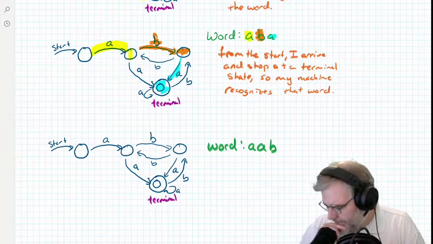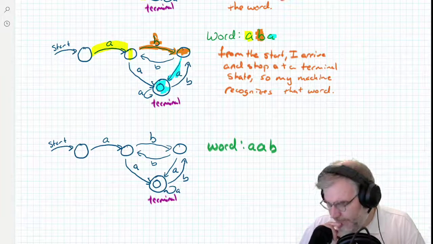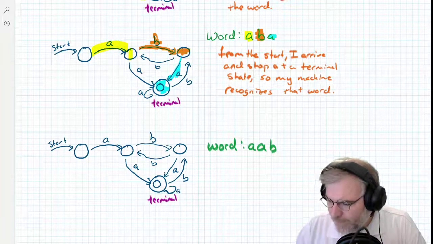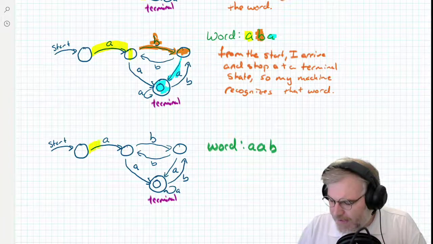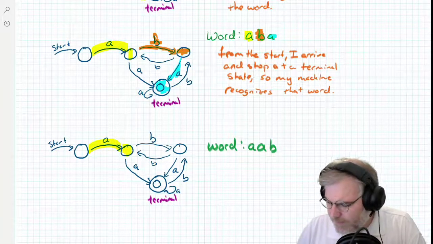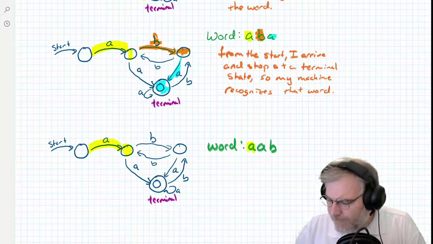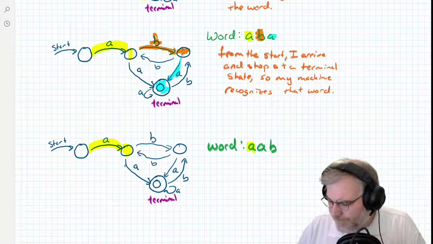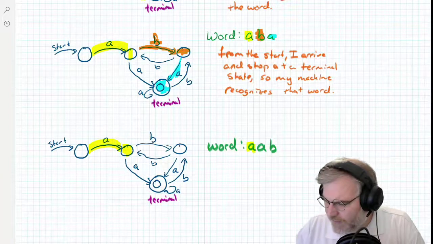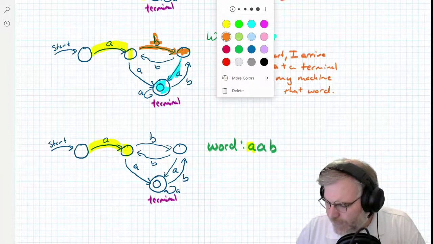AAB. So again, my initial state is A. Now my next jump here is B, is another A. So for this one, I need to use orange.